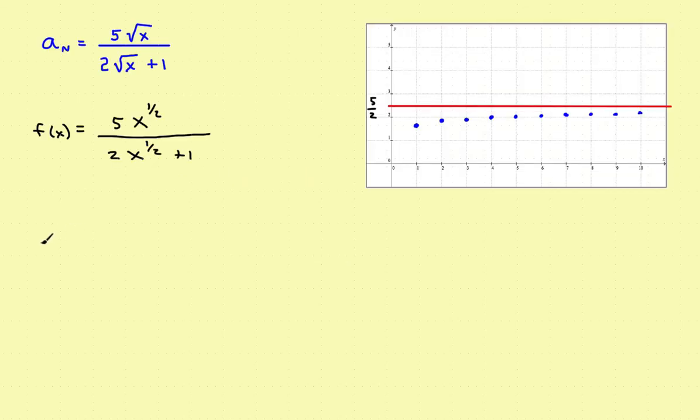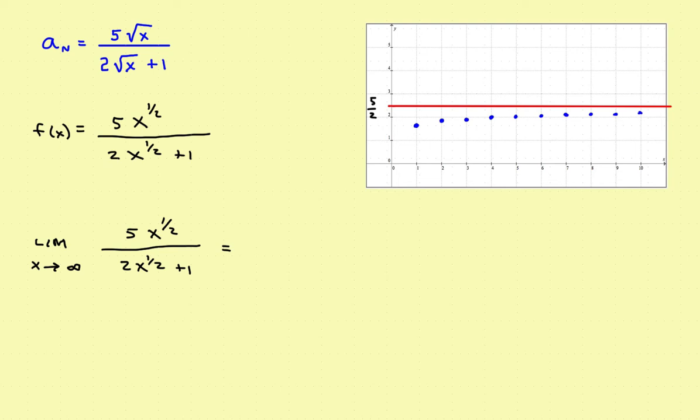So the next step is to find the limit of this function. So the limit as x approaches infinity of 5x to the 1/2 divided by 2x to the 1/2 plus 1.